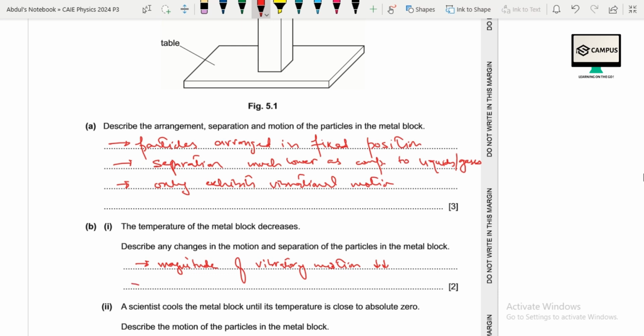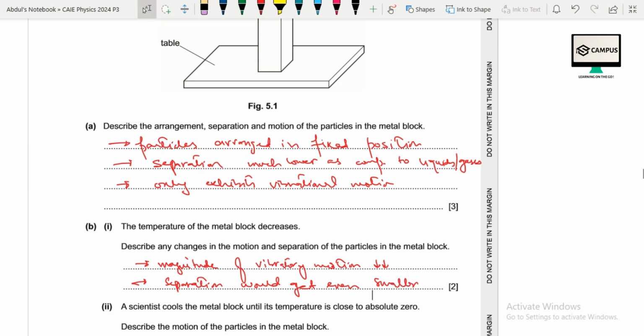And the separation of the particles, because the temperature and total energy have decreased, would get even smaller, more cramped up than before.